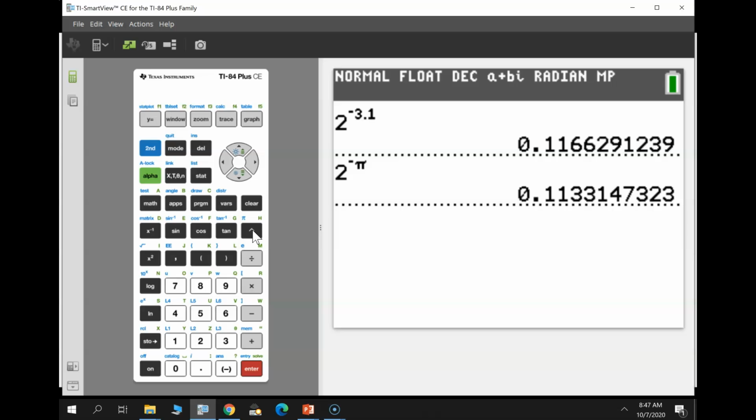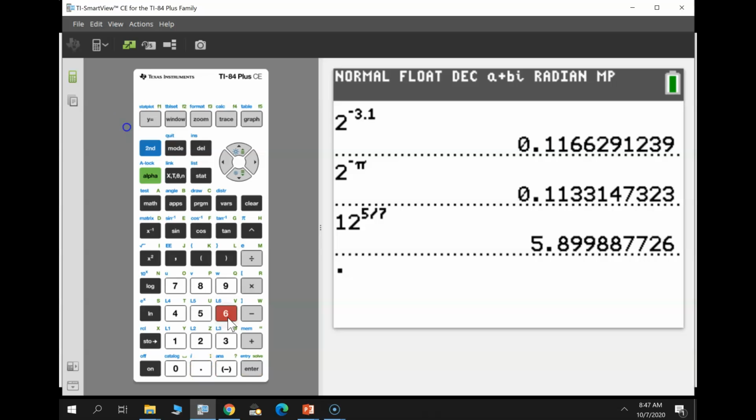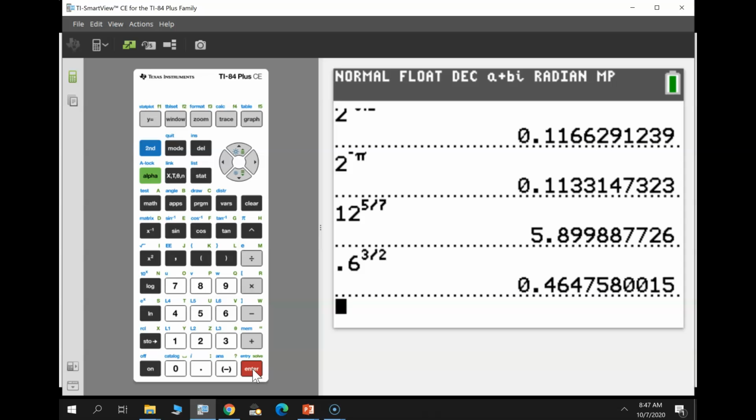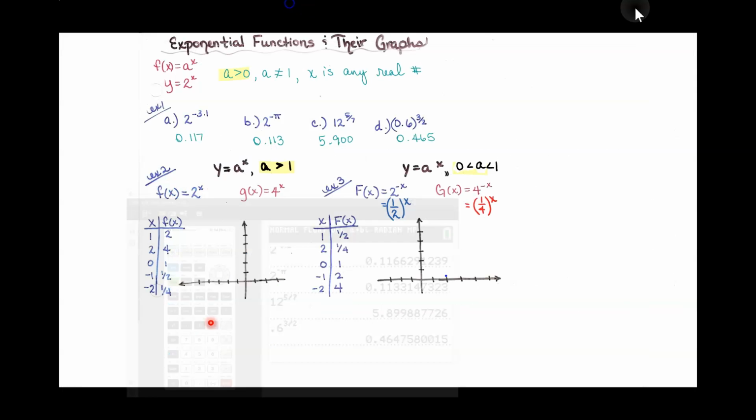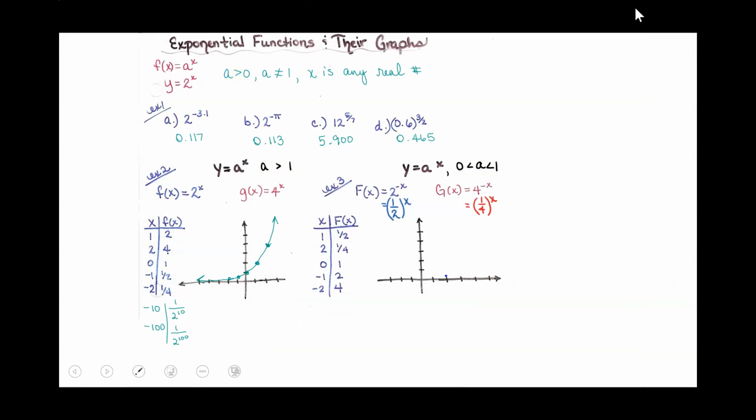And then 12 to the 5/7, and then 0.6 to the 3/2. So again, we can just type those straight in, and that's where we are getting these values that you're seeing here. We've just rounded those off.